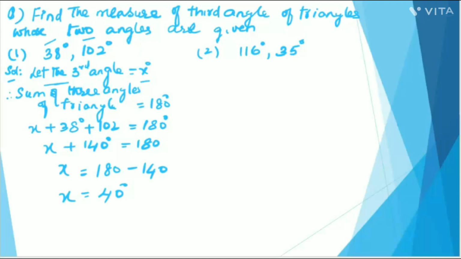We will add x plus these two angles. 38 plus 102 is 140, so x plus 140 is equal to 180. x is equal to 180 minus 140, which is 40. Same way I want you guys to solve this problem.